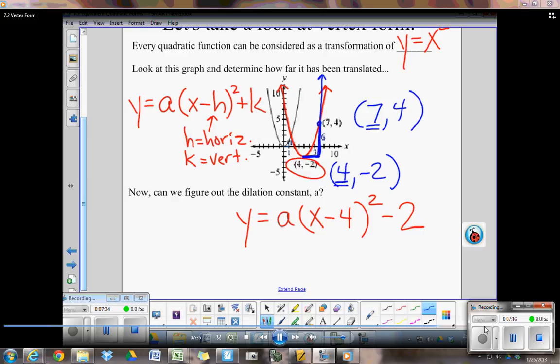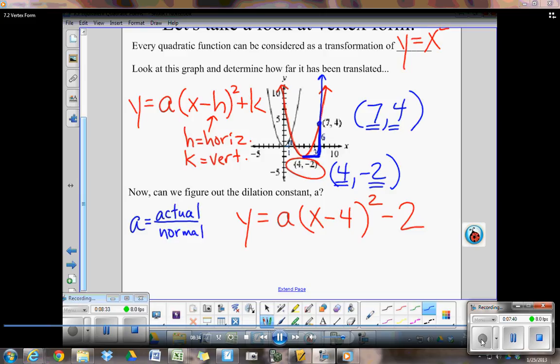To figure out the a, let's come up with a simple formula, a simple ratio. Go ahead and write this down. To figure out a, we're going to set up a simple ratio where we put the actual vertical change over the normal vertical change. In this parabola, it actually has a height of 6.